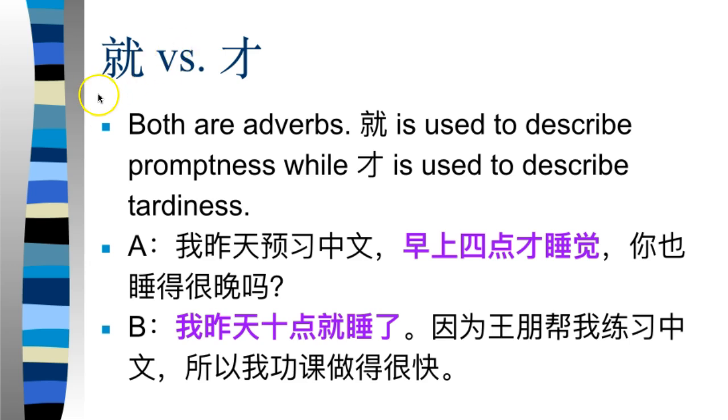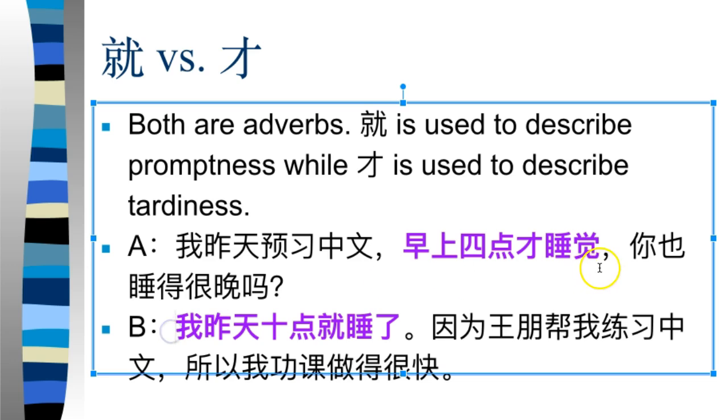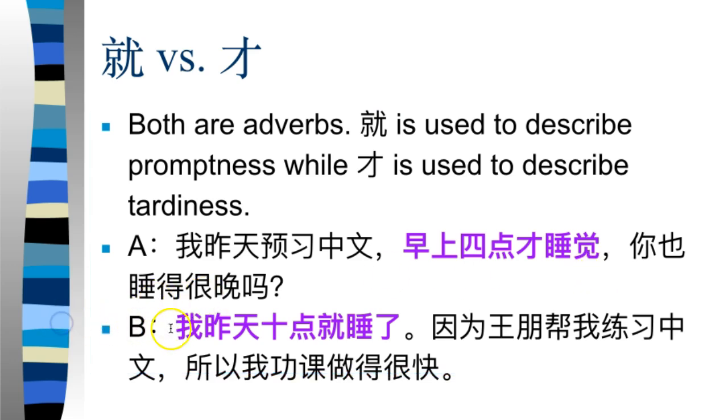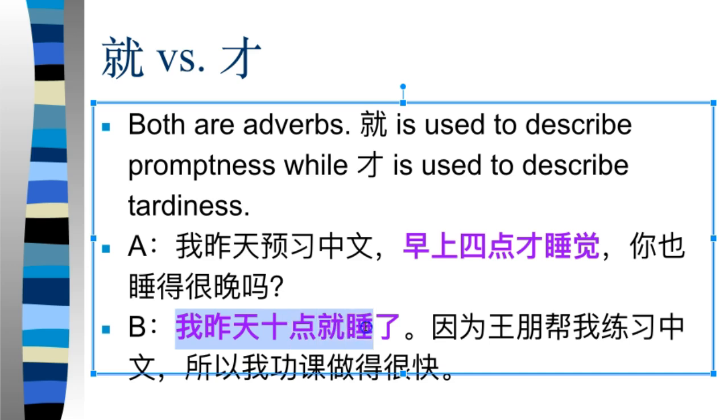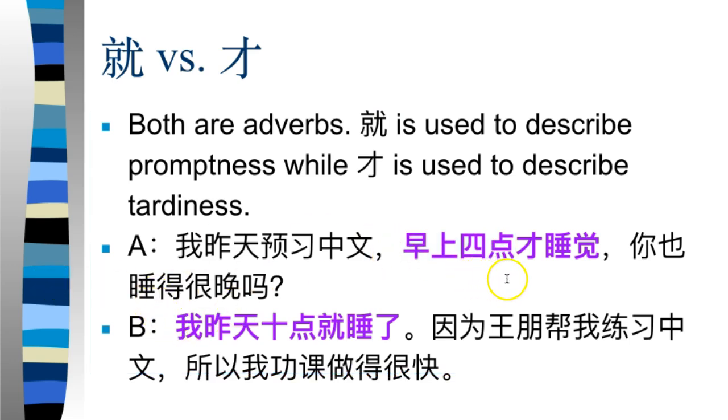I want to use 就. 你也睡得很晚吗？不对，我昨天10点就睡了。I yesterday at 10 had already slept or slept promptly. So that's this person slept at 4 in the morning. This person slept yesterday at 10. 早上4点才睡觉 versus 昨天10点就睡觉了. All right.